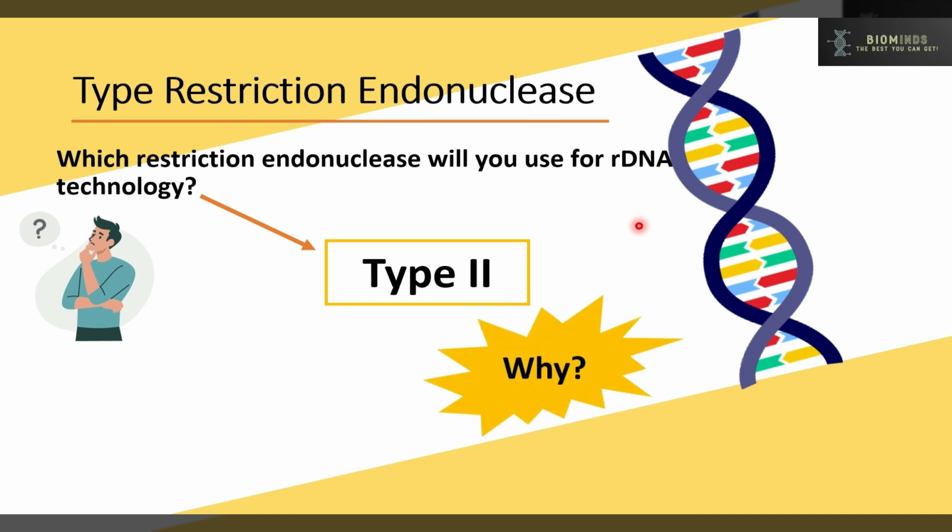It is because it is specific: it will cut at a specific sequence, so you will get the gene at a very specific sequence. And it only requires Mg2+. It does not require ATP and S-adenosylmethionine. So if you add Mg2+, your reaction will occur very smoothly. So type 2 restriction endonuclease is what we use for rDNA technology.